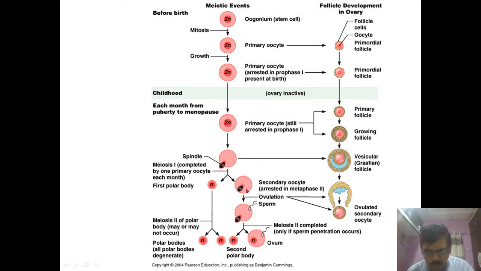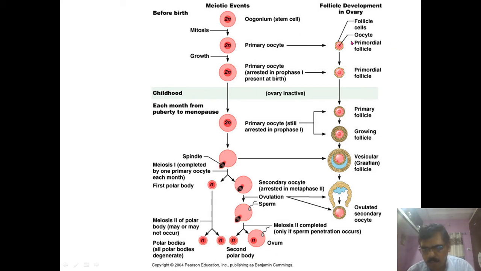This secondary oocyte, after fertilization, gives rise to the second polar body, and this is the ovum proper. The first polar body again divides by meiosis 2 to give rise to two, and therefore at the end of oogenesis there is a formation of three polar bodies and a single ovum.